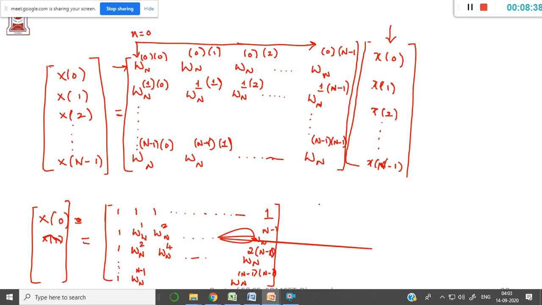So that's how we write the matrix, and that is going to be multiplied with your input sequence x of 0, x of 1, x of 2, and the last element will be x of capital N minus 1, right? So this is the linear transformation method.